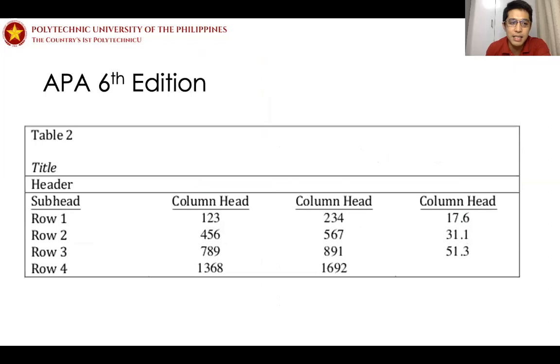For tables, this is now the APA 6th edition format for table. Similar to how they format each figure, when it comes to a table, the table numbering should be present first, and then there is a space between the table number and the title, and then you now have your table.